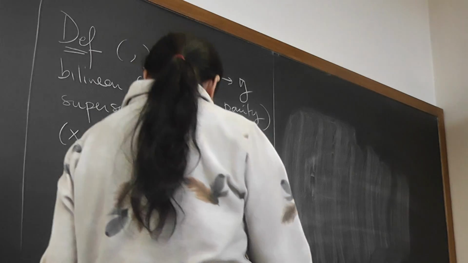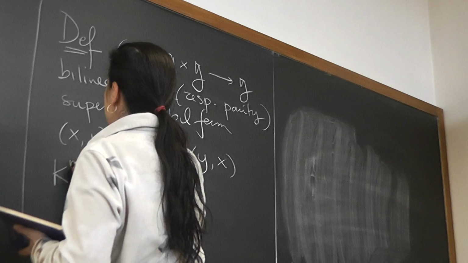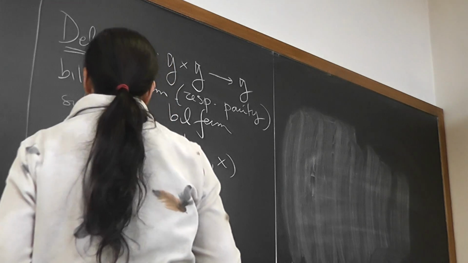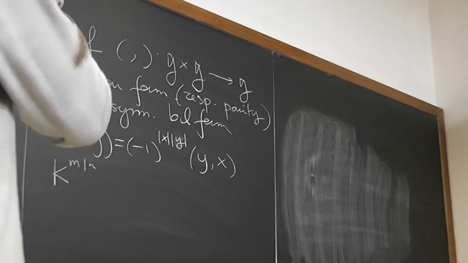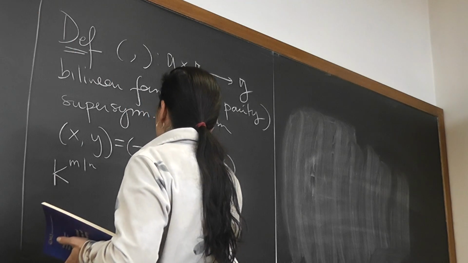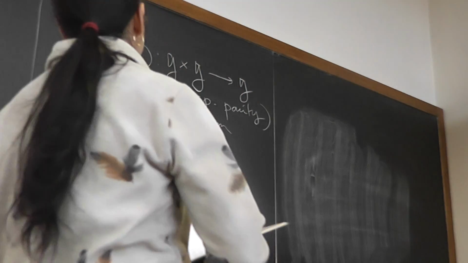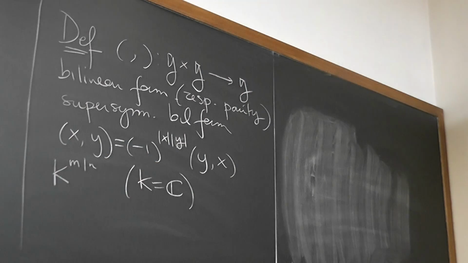But then I want to, if I'm looking at K^{m|n}, this space, C^{m|n}, if you can think about K equals C. You know that a symmetric bilinear form is associated with a matrix, right?